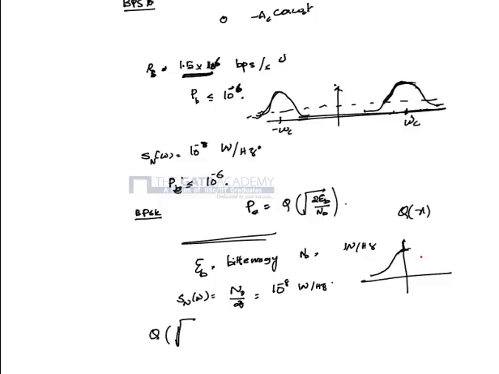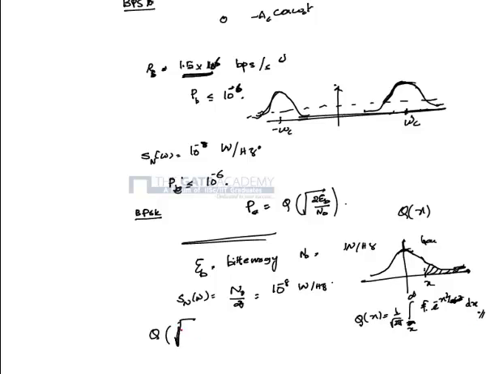Let's say we have a Gaussian probability density function. Then Q of x is simply the area under the tail of a Gaussian PDF, where Q of x is given by the integral from x to infinity of e power minus x squared by 2 sigma square dx, normalized to unity, times 1 by root 2 pi.